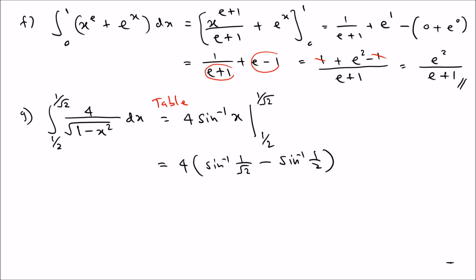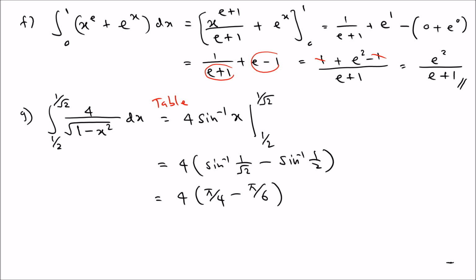We know from the common trigonometric tables that sine inverse 1 over square root 2 is pi over 4, and minus sine inverse 1/2, which is pi over 6. And then you can simplify these two. Take the common denominator, which in this case is 12. So it is 3 minus 2, so it is pi over 12.